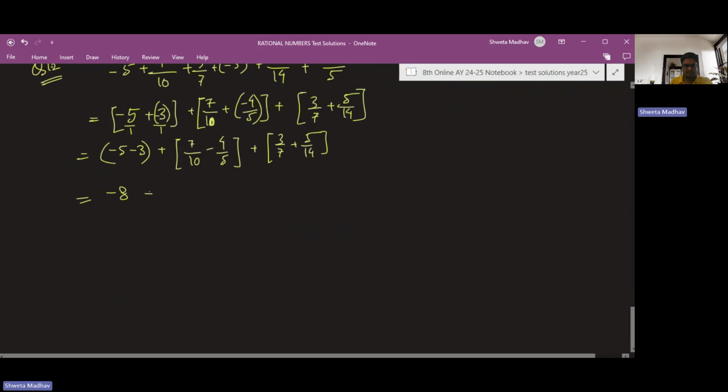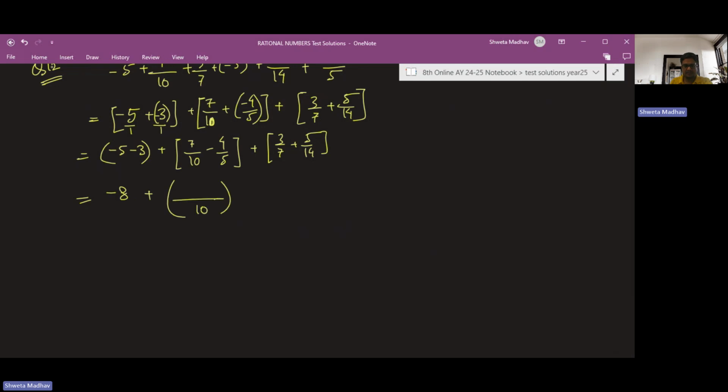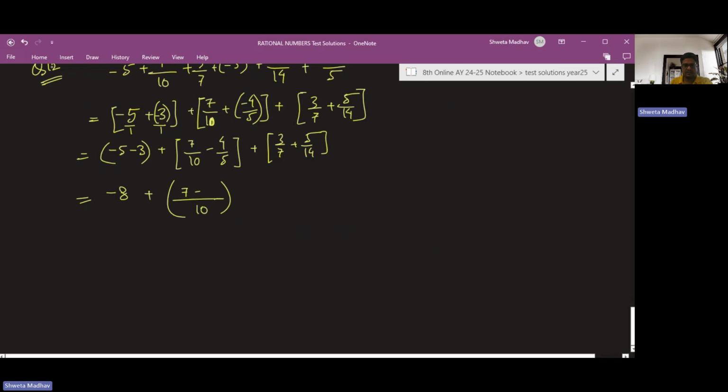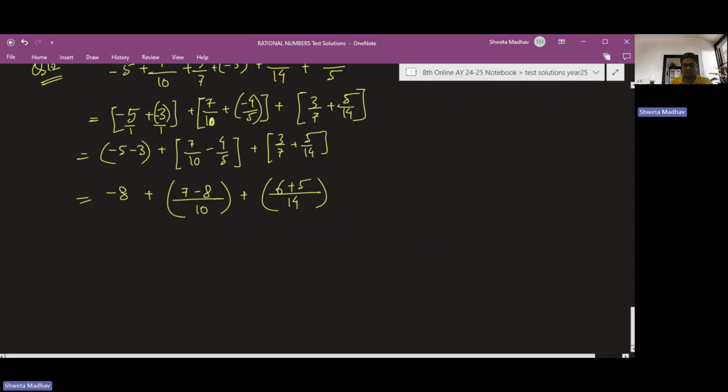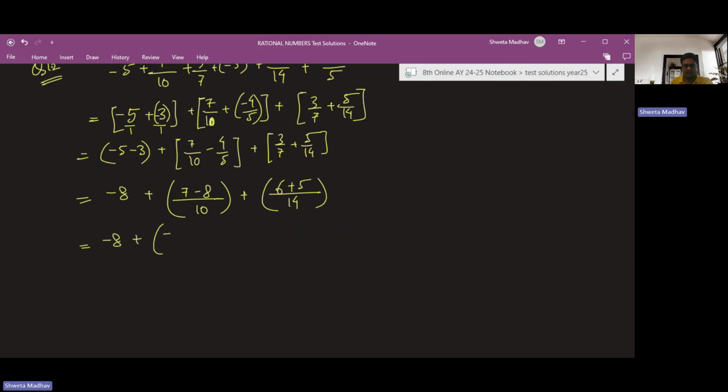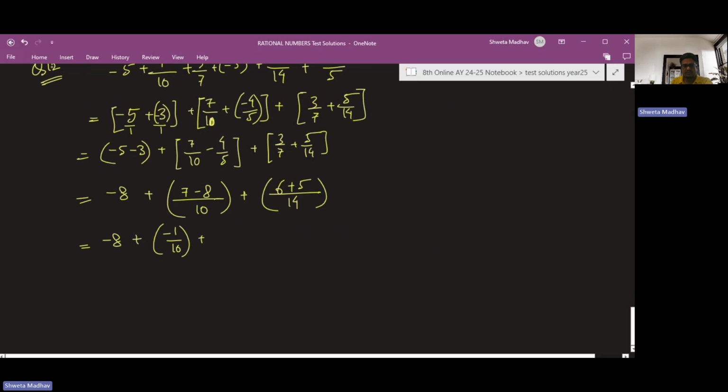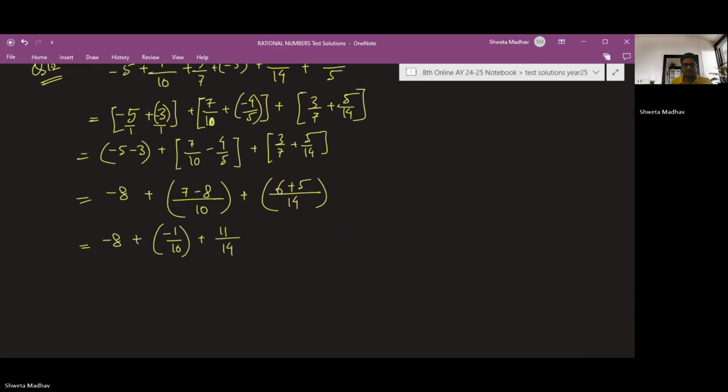And then, if you take the LCM of 10 and 5, that is 10, this will be 7 minus 8, that is -1 by 10. And plus, the LCM of 7 and 14 is 14: 6 plus 5, 11 by 14. So this will be -8, then plus of -1 by 10, plus of 11 by 14.